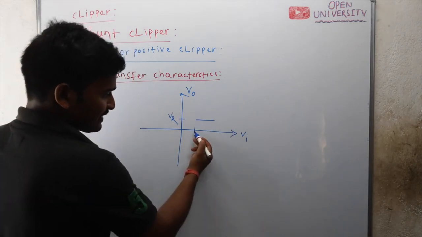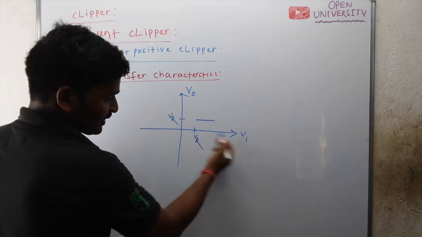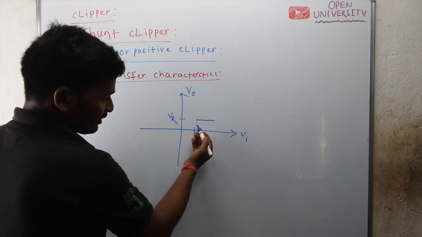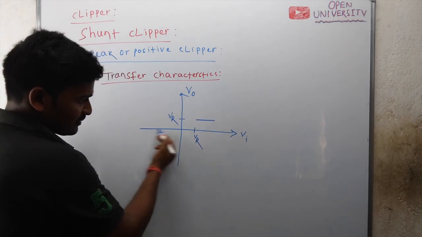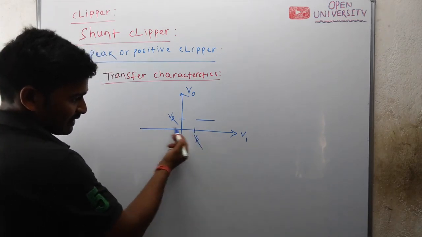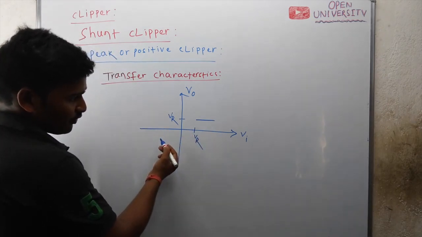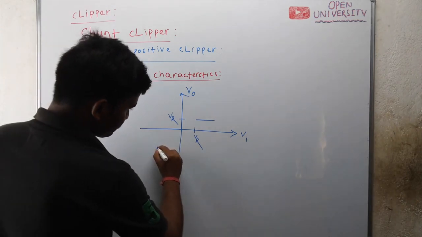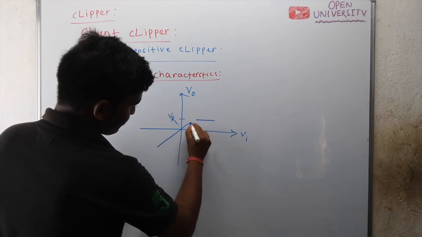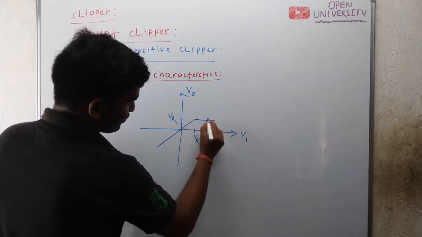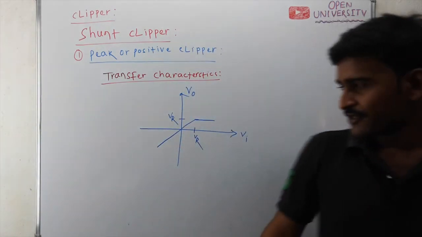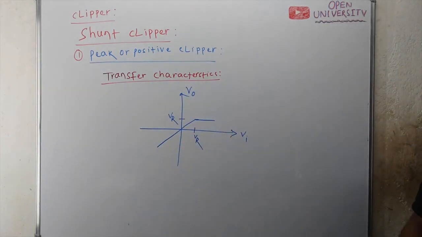When input voltage is greater than VR, output voltage was VR. And when input voltage is less than VR, output voltage equals Vi. Then this will be the output waveform. This is called the transfer characteristics.